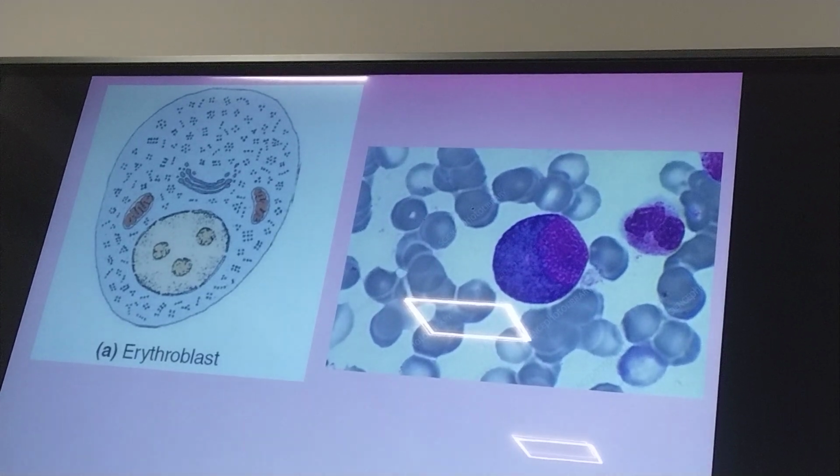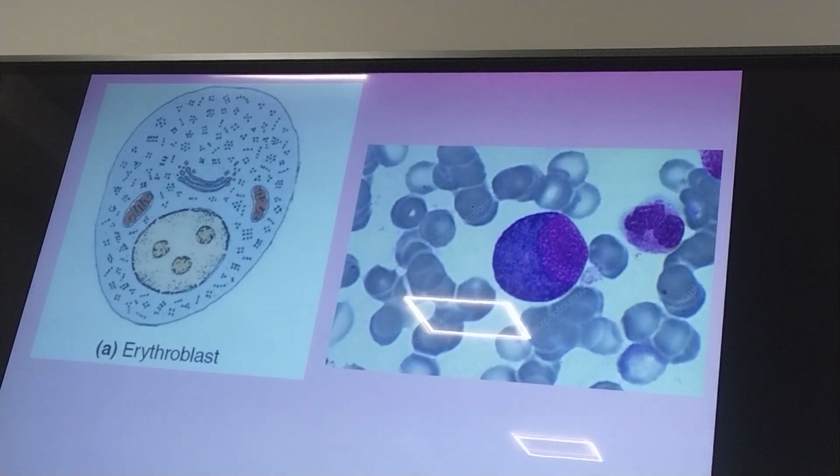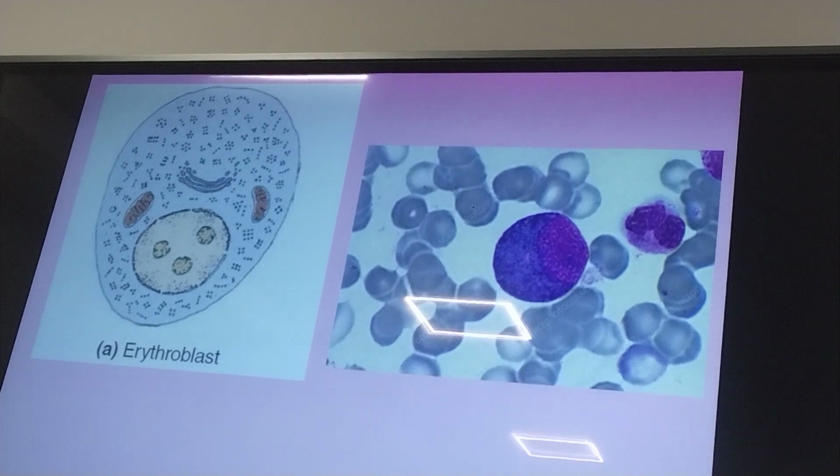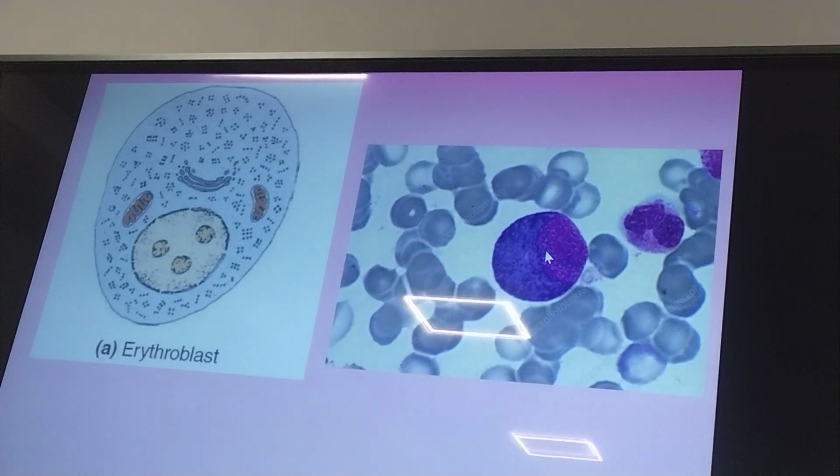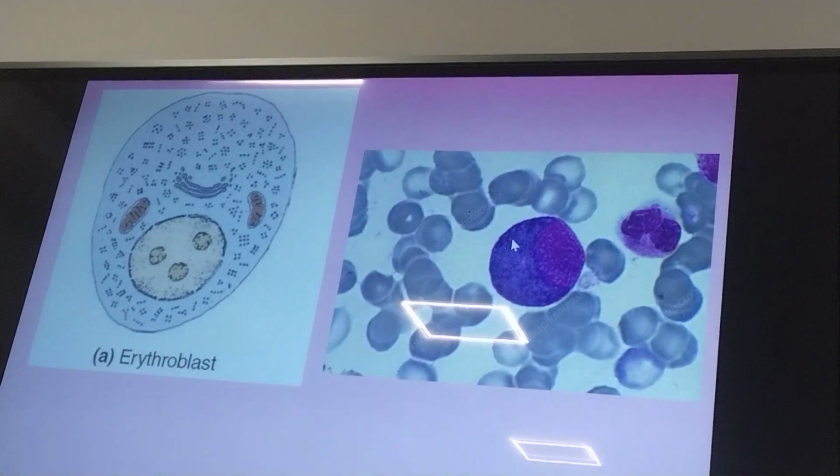For example, erythroblast. Erythroblast is a primordial stem cell of the erythrocyte. Erythrocytes we also call red blood cells. But look at it. Is it red? No. Why? What happens here?